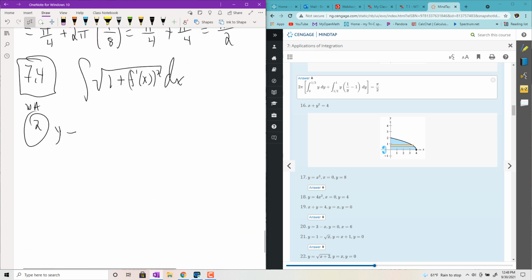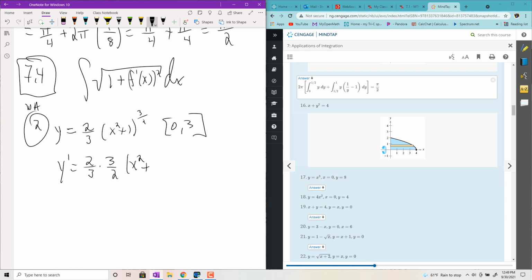So number 2 is from Webassign. Y equals 2/3 times x squared plus 1 to the 3/2, and I'm going to integrate from 0 to 3. You don't need to draw this. It just is what it is. I am going to need the derivative, so I'll get that. Y prime is 2/3. Bring down the exponent, that's the power rule, and then times x squared plus 1 to now the 1/2, and then times 2x because of the chain rule.